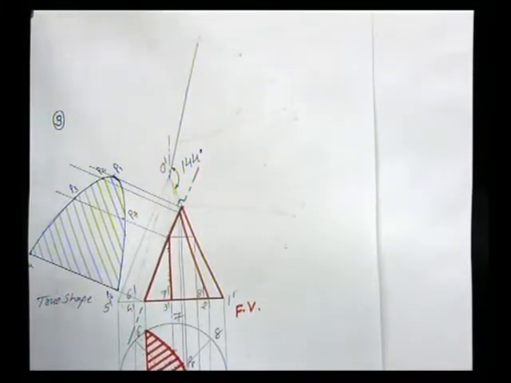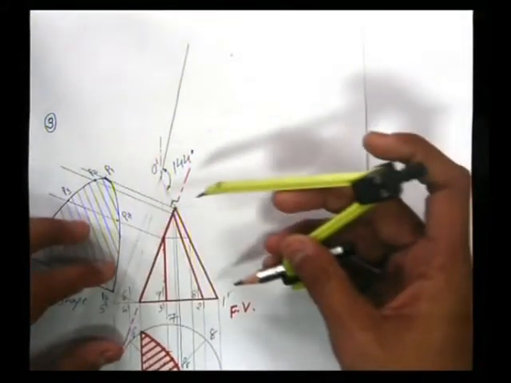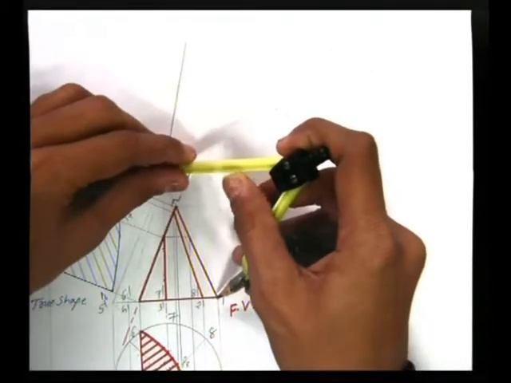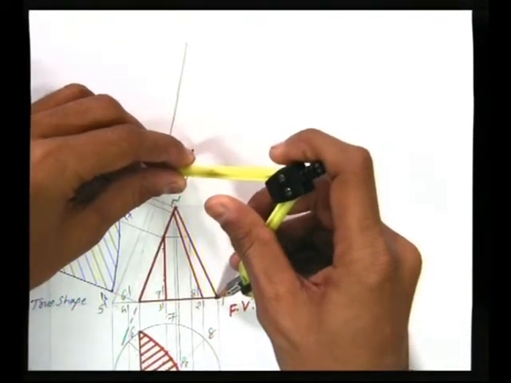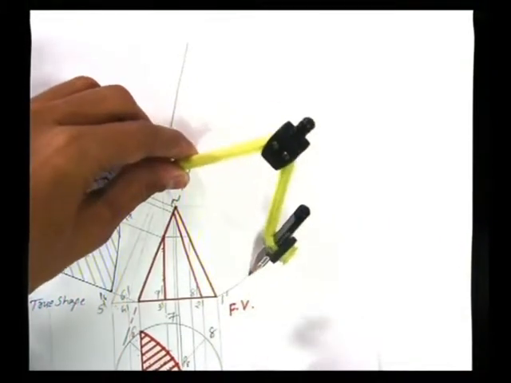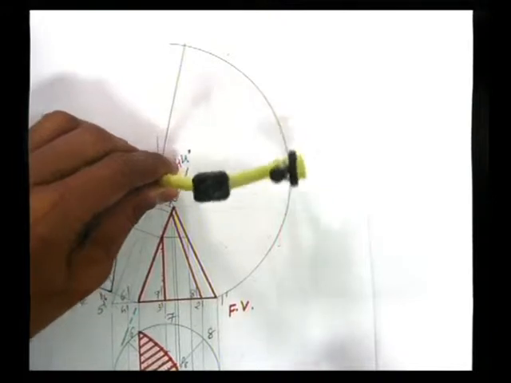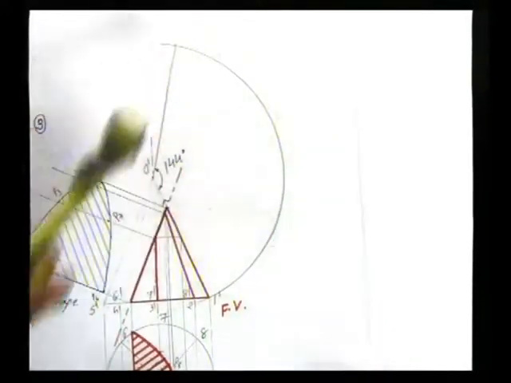And take O dash as a center and O dash to 1 dash as the radius, as it's the true length of its slant edge. Draw an arc like this. O dash is the center, O dash to 1 dash is the radius.